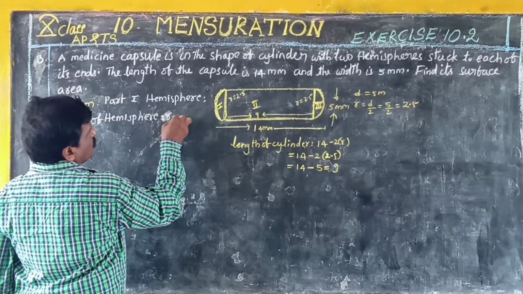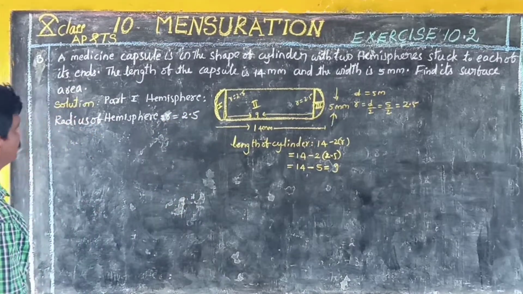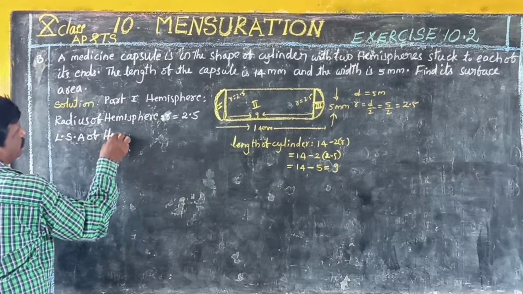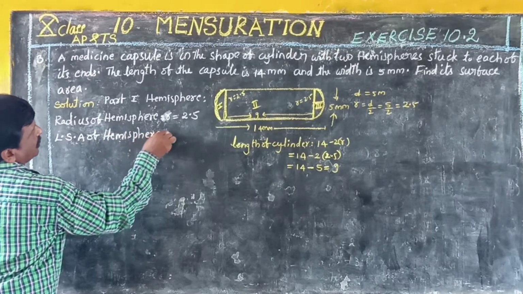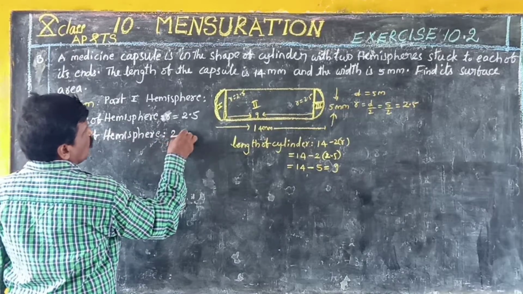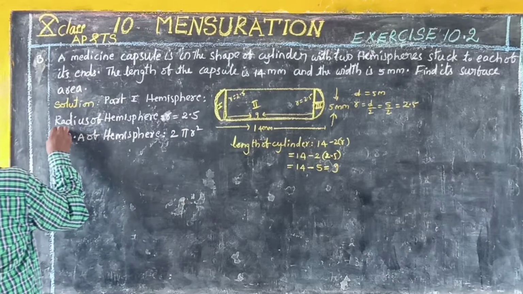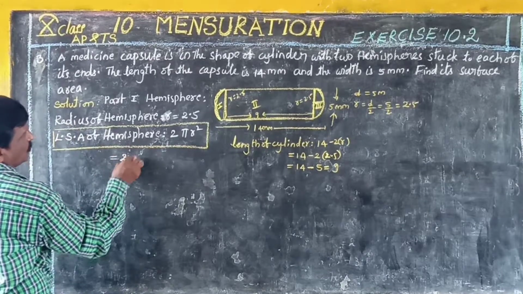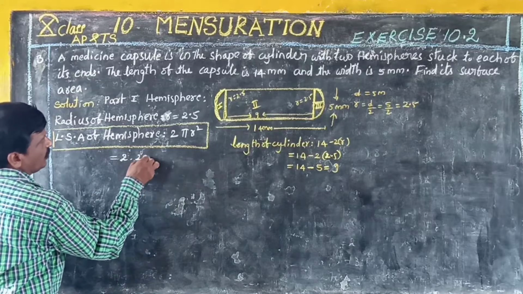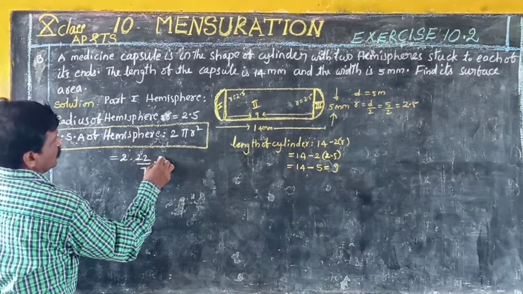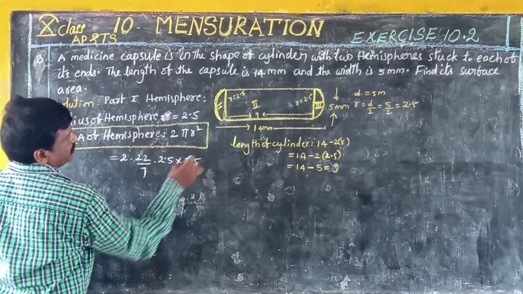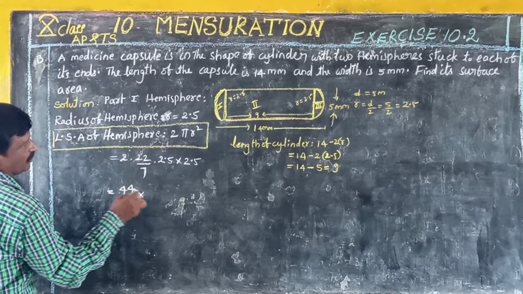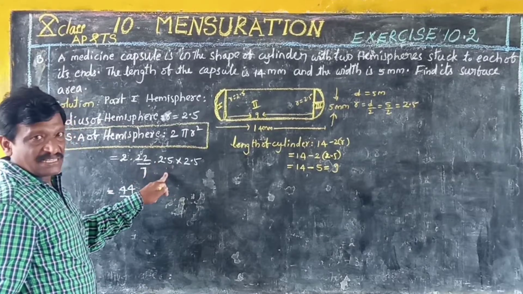The lateral surface area of the hemisphere is 2 pi r square. 2 pi means 22 by 7 into 2.5 into 2.5. 2 2s are 4, 4 by 7 into 25 into 25, 625.